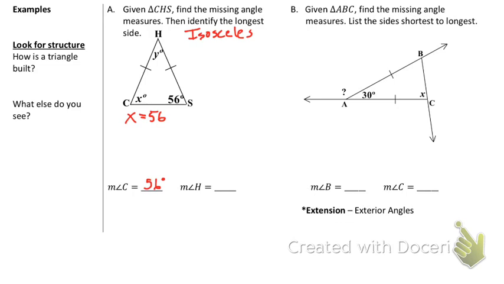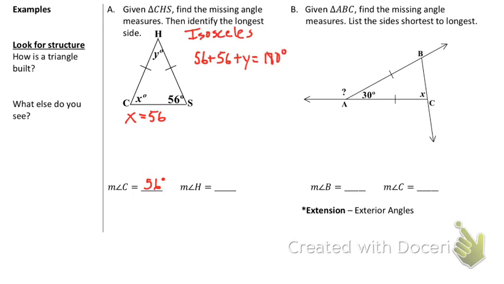Now to find angle H, or in this example, angle Y, I'm going to use triangle sum theorem. So let's go ahead and get that going. So in triangle sum theorem, it says I should add up all three angles. So I'm going to add up 56 plus 56 plus Y. And triangle sum theorem says it should equal 180 degrees.